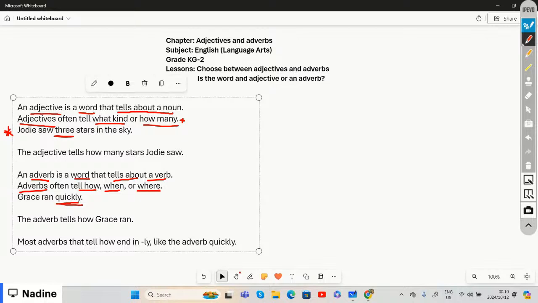No, ran is the verb. We need to say how she ran or how fast she ran, because ran is the verb. So remember, an adverb tells us about the verb. It describes the verb. So ran is the verb, but quickly is the adverb that tells us how Grace ran.